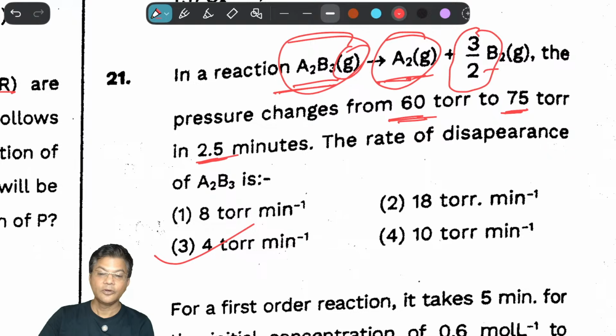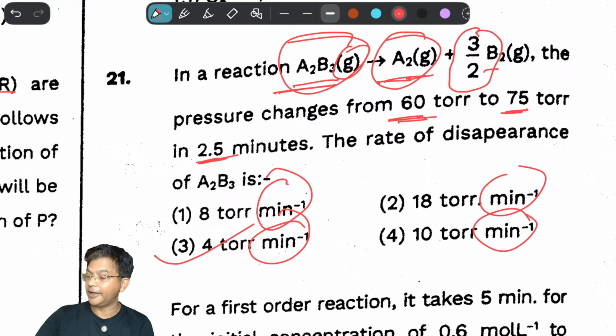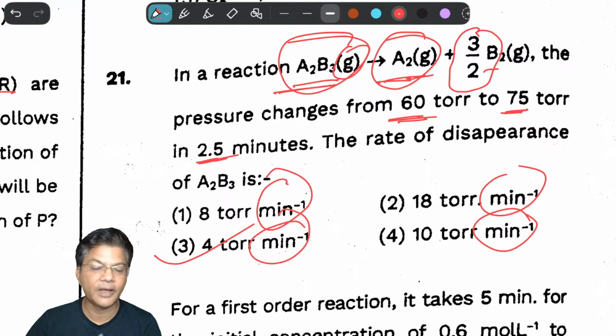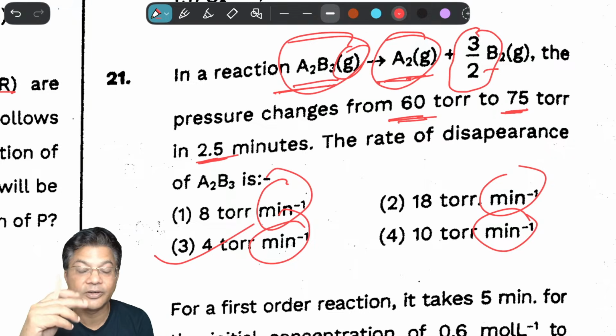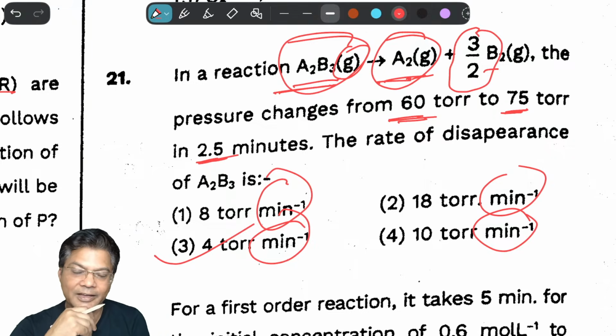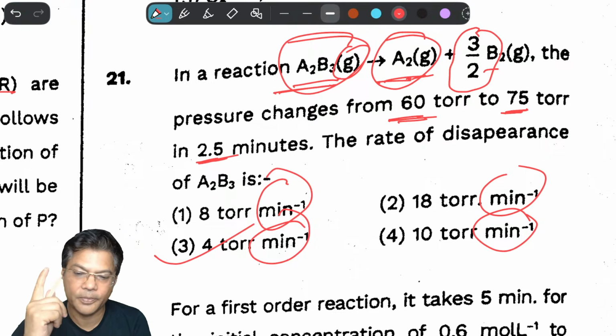Now kids, how to do it? Now you know the formula of this. K is equal to, apply the formula, because everywhere per minute is given, that means it is following first order chemical kinetics. So you have to apply the formula of first order chemical kinetics, time inverse. From pressure changing from 60 to 75, that means it is getting increased. So apply that formula of pressure, you will get the answer.